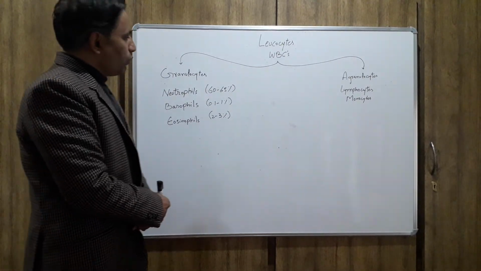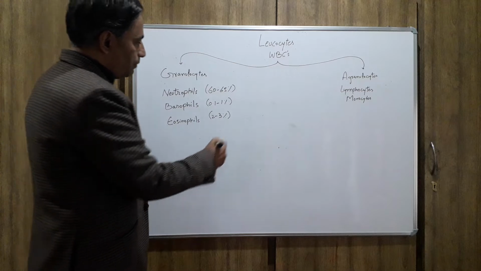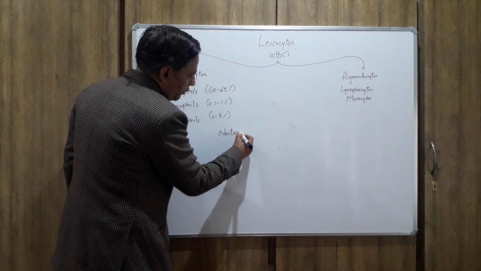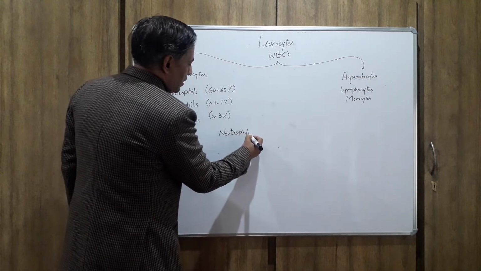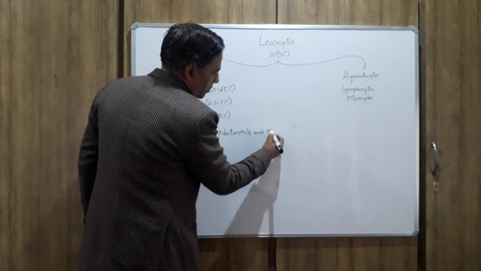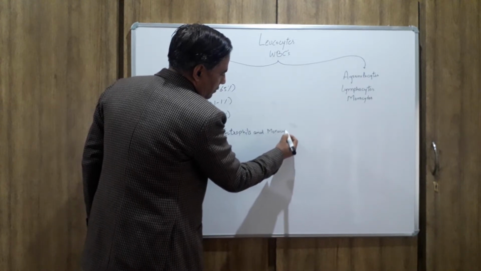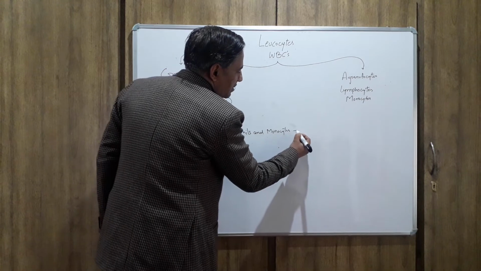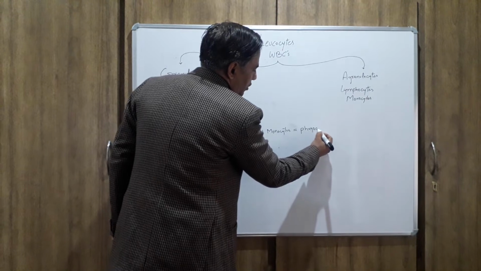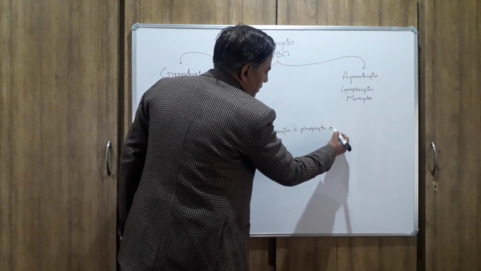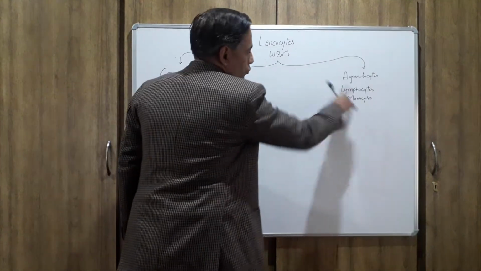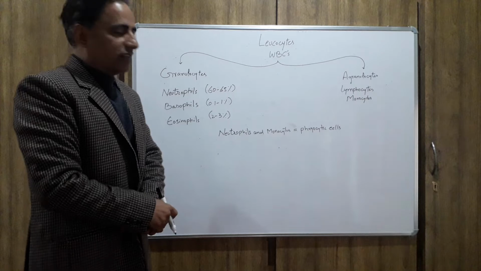The neutrophils and monocytes act as phagocytic cells.